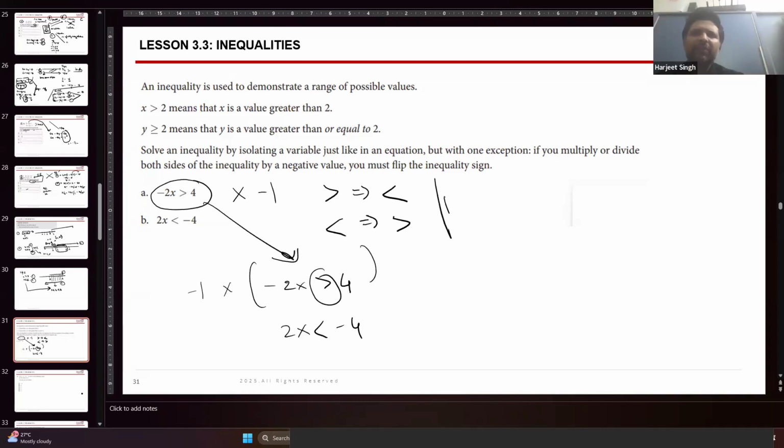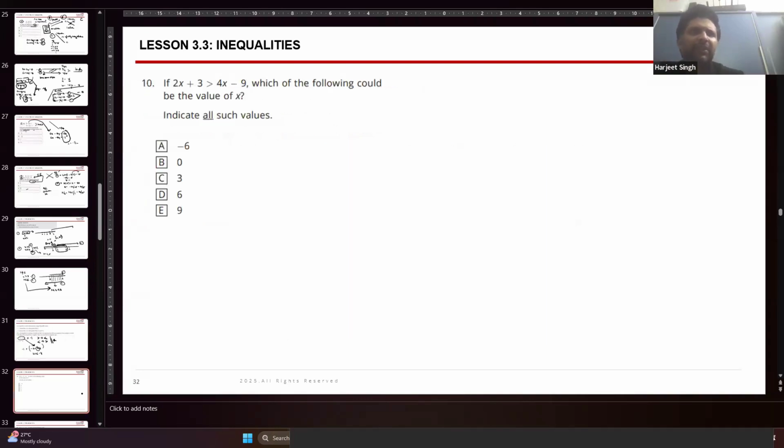You can just make a note of this. And the one on the previous slide, the intersection, is how we solve inequality problems. So let's go and check some of the questions. This is another kind of question type on Quant, wherein they will give you a question stem and ask you to indicate all the values which satisfy the inequality.